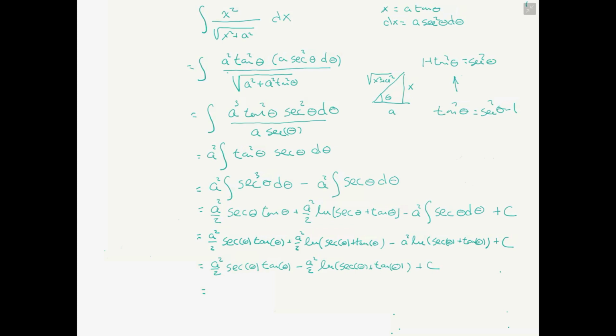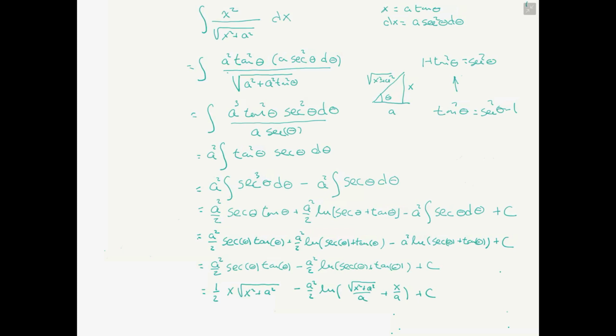So this is going to be 1 half x times the square root of x squared plus a squared minus a squared over 2 natural log of the secant, which is the square root of x squared plus a squared over a, plus x over a, plus c. And that's our final answer.